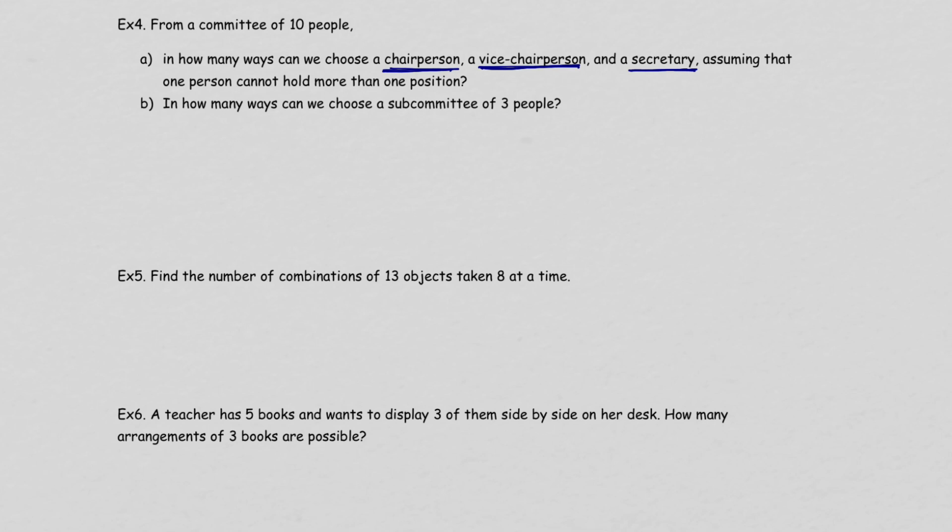And those will be different options. So this one we will say order matters. So for A, we're going to use the permutations because order matters. Out of 10, we're picking 3. So we will have 10 factorial over 10 minus 3 factorial, which is 7 factorial, right? This gives you 720 different ways.